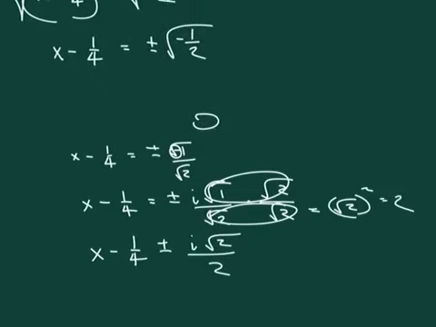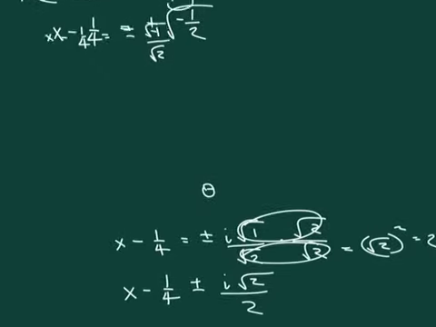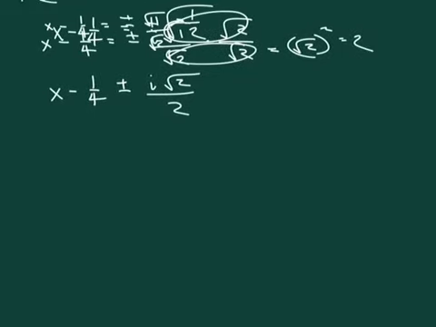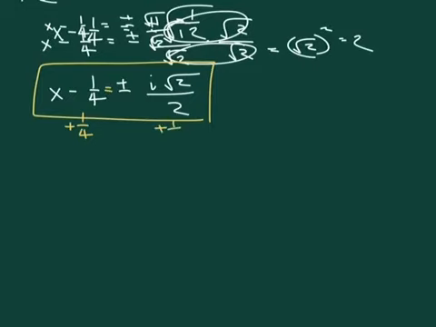All right, I'm going to move stuff up. Get stuff out of the way. So this is where we are right now. There's our answer so far. Oops, there's an equal sign there. We're going to move our 1/4 over by adding it to both sides. And what do we have? x equals 1/4 plus or minus i square root of 2 over 2. Now, let's look at that.